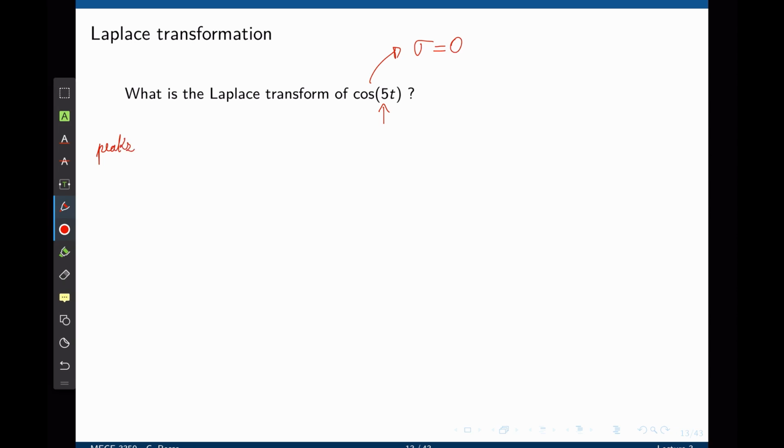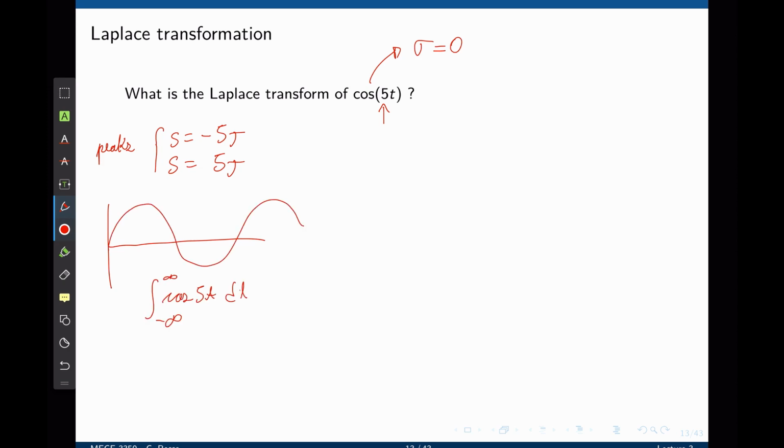So the peaks of our function should occur when s equals negative 5j or s equals positive 5j, plus 0 sigma, of course. If you now plot a cosine function and you take the integral from negative infinity to infinity, the result is the sum of all these areas, and this will give 0.